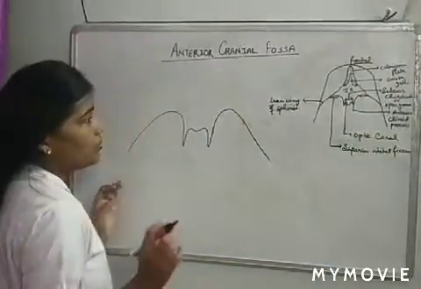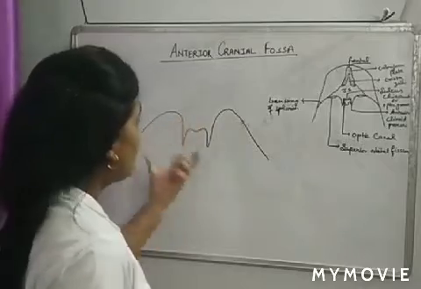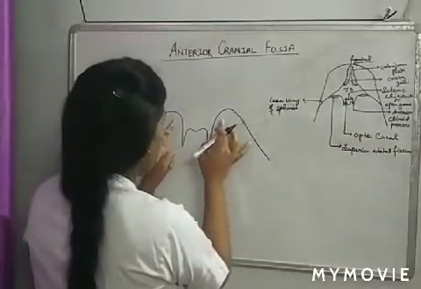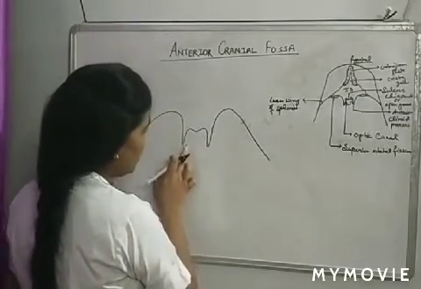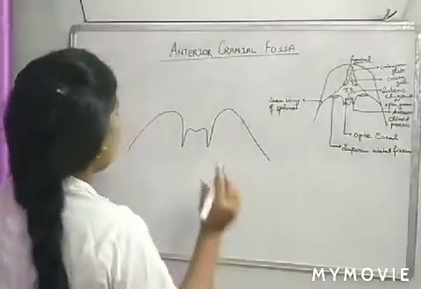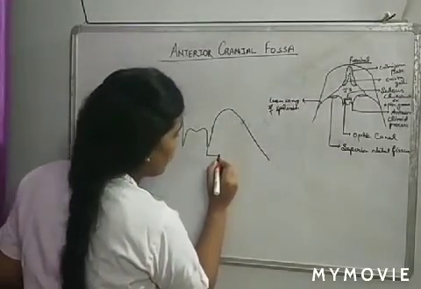Now, when the lesser wing of the sphenoid projects medially, it forms a process called the anterior clinoid process.